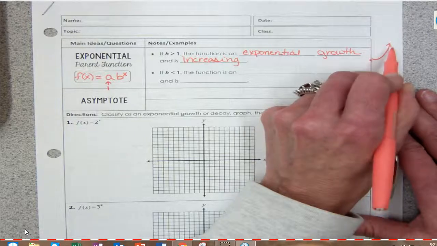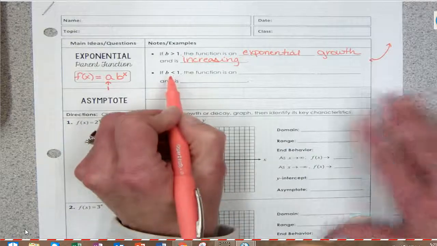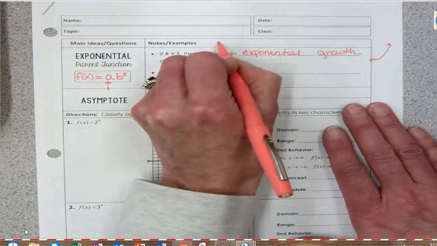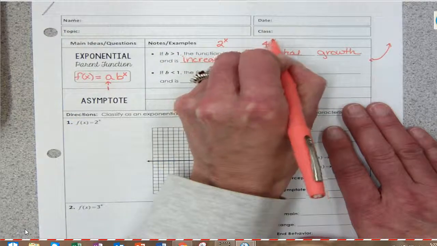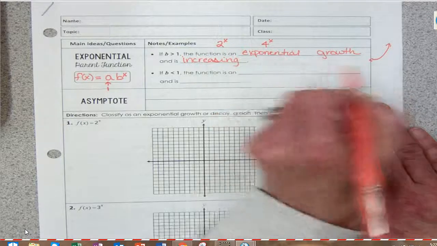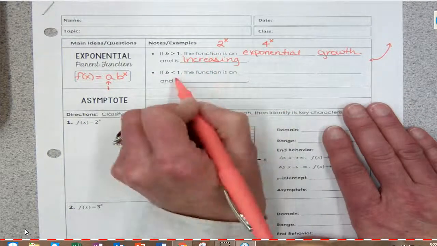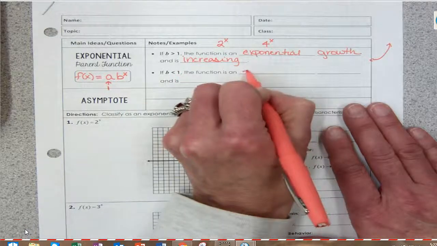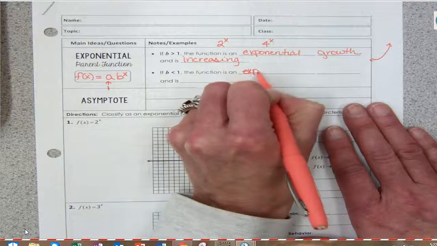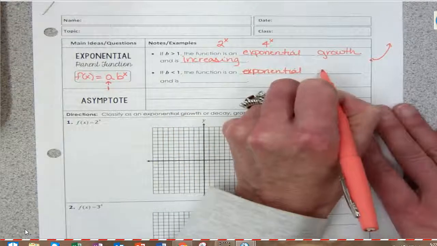So it starts low and goes high. An example would be if you have 2 to the x or 4 to the x, those are increasing. If b is smaller than 1, then the function is an exponential decay.